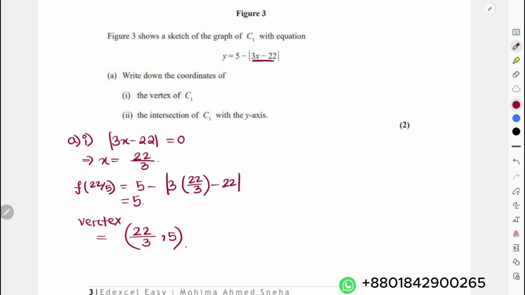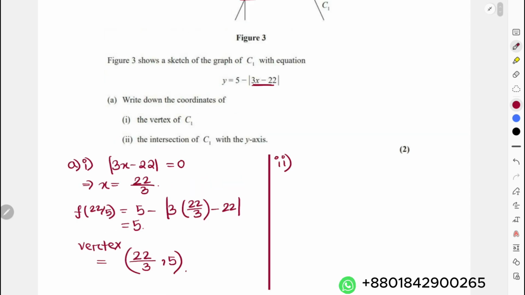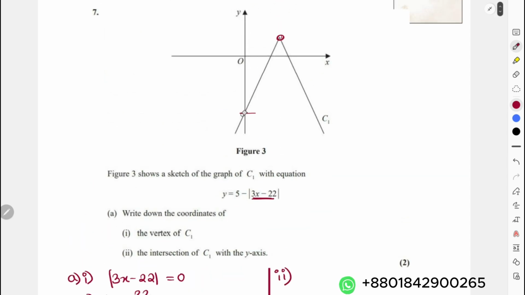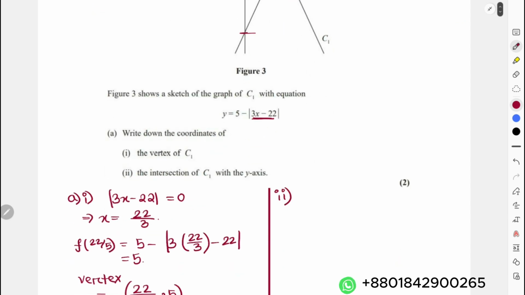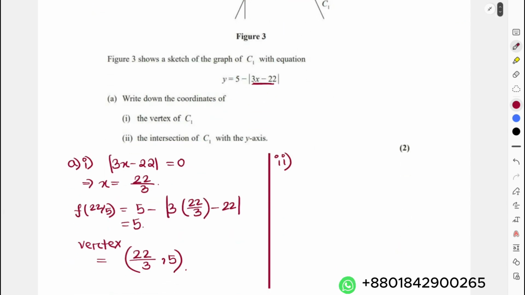This is the coordinate. And again, if I carry on with your part 2, where they're asking where the C1 graph intersects your y-axis, I want to find this coordinate. For the y-axis, I already know that the value of x is always 0, right? So you can just write that on the y-axis, x is 0.